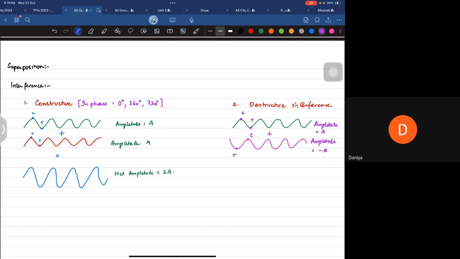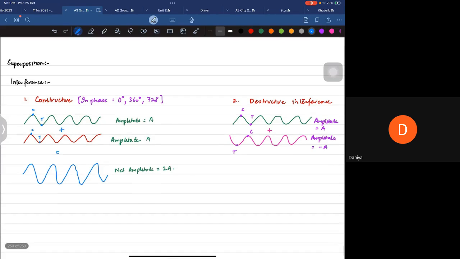Is it clear? So when it basically goes through, they end up destroying each other completely, and that's how we call this destructive interference because the net amplitude now is going to be zero.